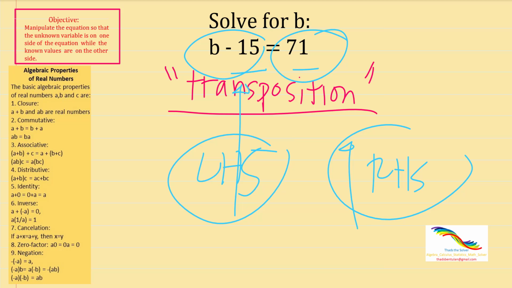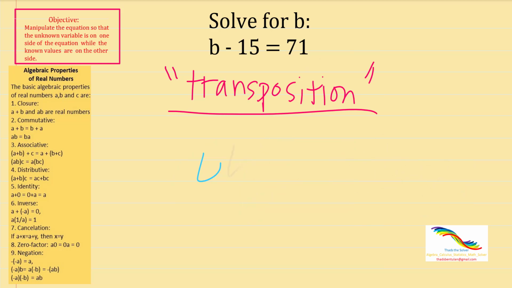But let me share with you a shortcut. It's called transposition. What do you do when you transpose? If this is minus 15 and you want to transpose it to the other side, then the minus becomes an addition on the other side.